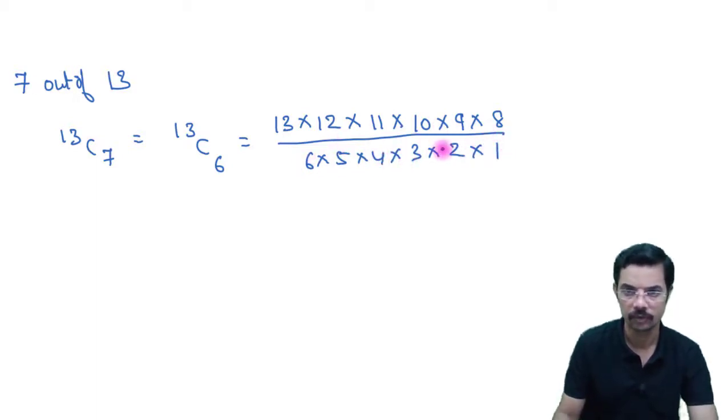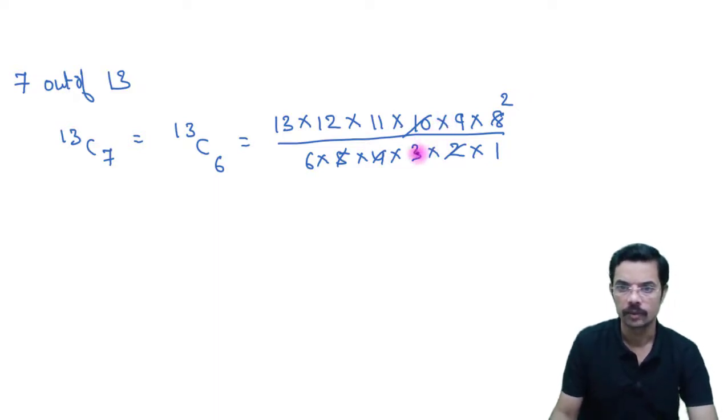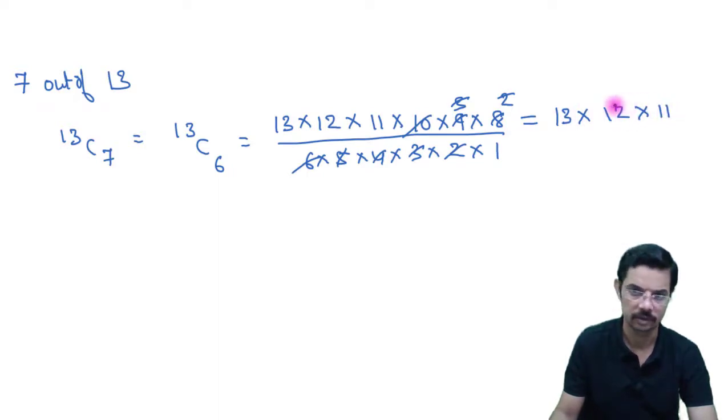This can be further simplified: 5 into 2 is equal to 10, 4 into 2 is equal to 8, 3 into 3 is 9, and 3 into 2 is equal to 6. So finally this becomes 13 into 12 into 11.